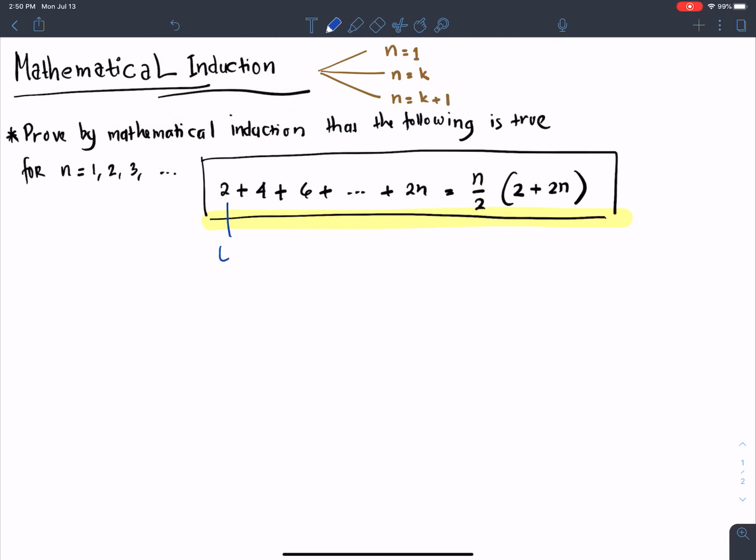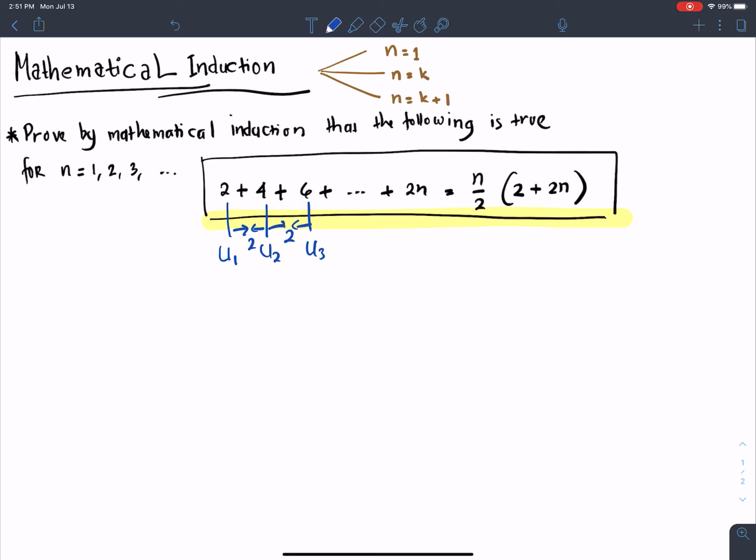If this is considered as u1, this as u2, and this one as u3, then we can see that the difference here is 2, and from here to here also 2. Since they have a fixed difference, this is an arithmetic sequence. But we would like to prove that the sequence 2 plus 4 plus 6 and so on up to un will be equal to n over 2 times (2 plus 2n).